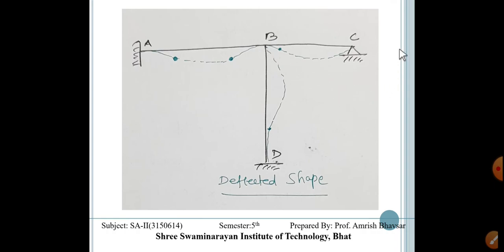Now for B to C, यहाँ पे ये हमारा point of contraflexure है, वो यहाँ से लेके यहाँ पे जाएगा. C joint is our pin joint और hinge joint. Hinge joint पे हमें rotation मिलेगा, right. Deflection हमारा 0 होगा, but rotation ये जो angle है वो हमें मिलेगा.